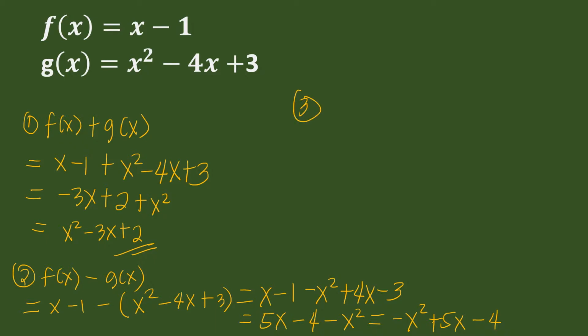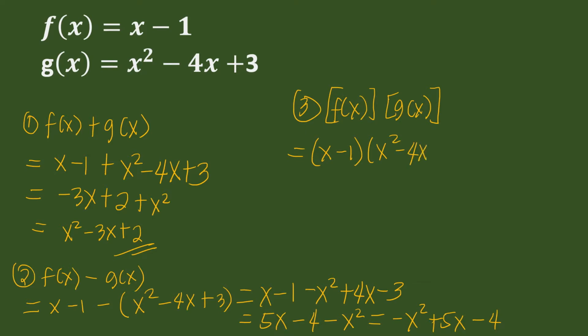Number 3, let's say you're asked to multiply f of x by g of x. Multiplying this one, we will have x minus 1 times x squared minus 4x plus 3, close parenthesis.